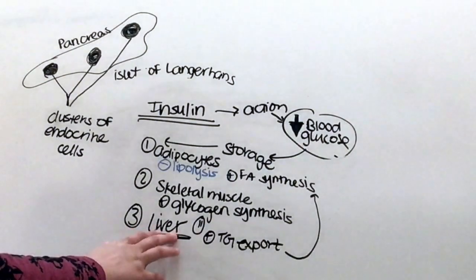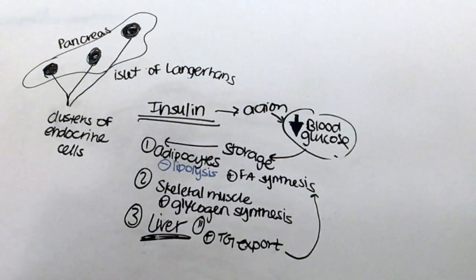So the liver is basically the last resort for glucose, because it's very, very selfless, and it's going to make sure that everyone has its share of food, basically glucose, before it gets to do its glycogen synthesis and glucose metabolism for itself.